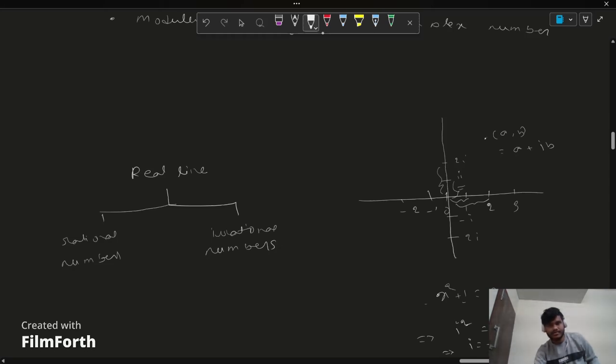Here is A, that is B. Here is a real line and there is an imaginary line. Now that completes our complex number system.